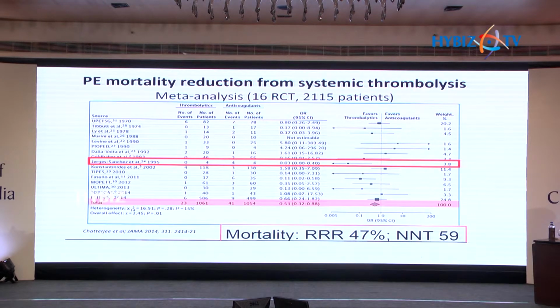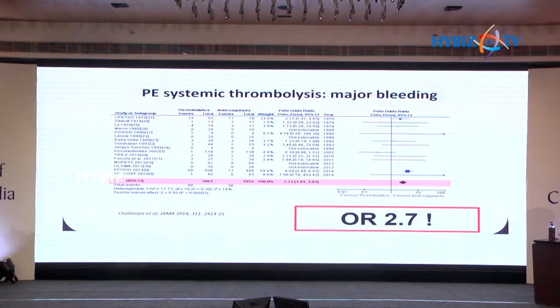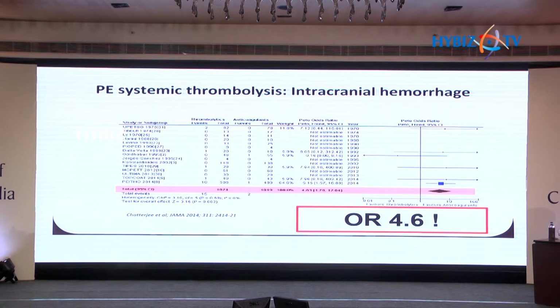It produced a mortality reduction of almost 47%, alas, but at the price of increased systemic bleeding, with significant bleeding, and also an increase in intracerebral bleeding. This is where the problem starts. When we try to give this class of patients thrombolytic therapy to improve outcomes and reduce mortality, the increased tendency to bleed intracerebrally or systemically is the one which really requires to be tackled.